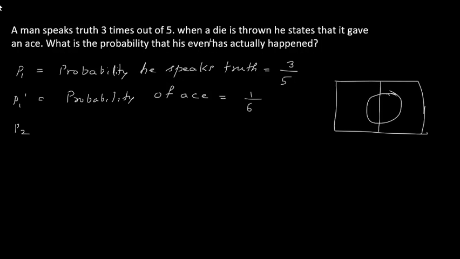And when he is saying lie, so probability he speaks lie, it is 2 upon 5. And P2 dash, probability of not an ace.